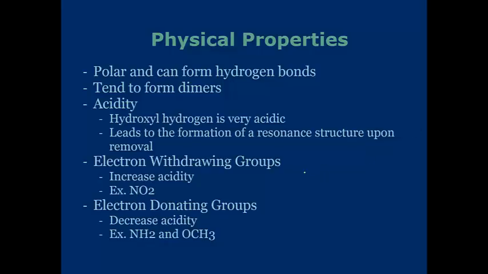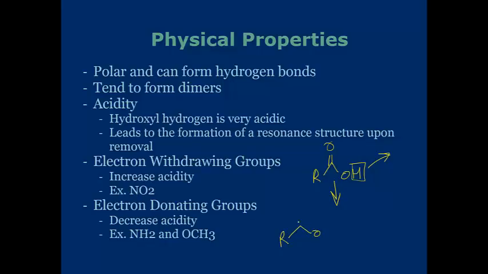If I were to draw out what this sort of resonance would look like, it would look something like this. So if I have a carboxylic acid group, this hydrogen right here is going to be acidic, and this is going to lead to the formation of a resonance structure.